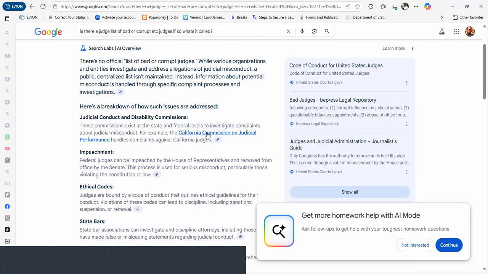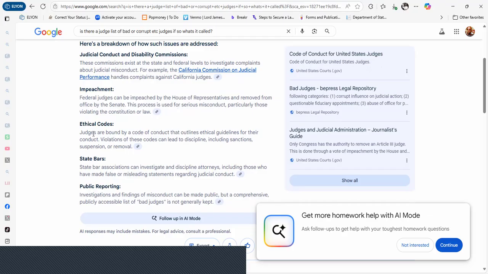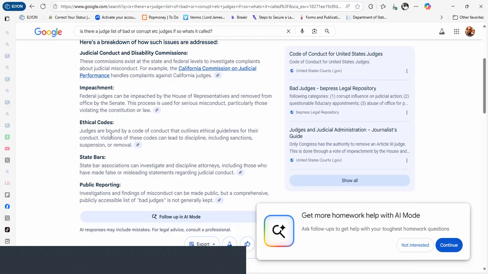All right, so there should be a commission on judicial performance that handles complaints about judges, impeachment on the federal level, ethics codes.